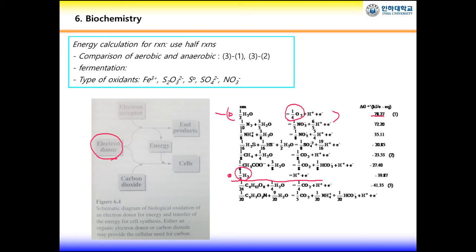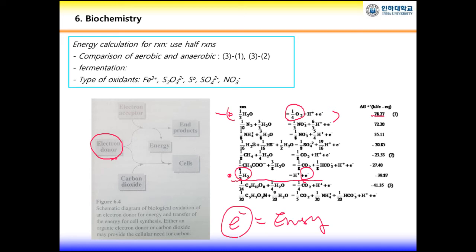A compound that can donate electrons is the compound that provides energy to bacteria. So we can assume that the electron itself is energy. So if some compound is releasing electrons, it is releasing energy.